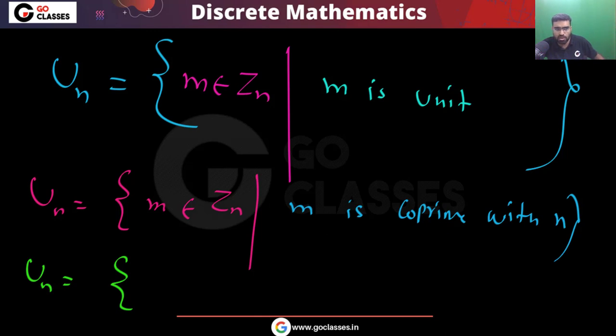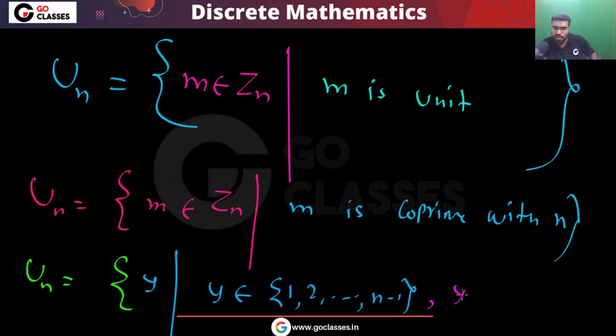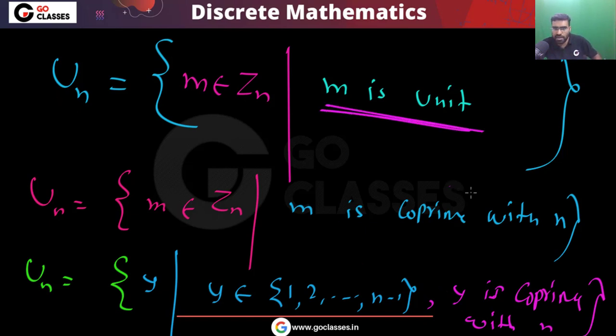So in this you have those elements y belonging to 1 to n minus 1 where y is co-prime with n. This is your Un, and it is called the unit group because these elements are called units. The elements which are co-prime with n have inverse, and these elements are called units.